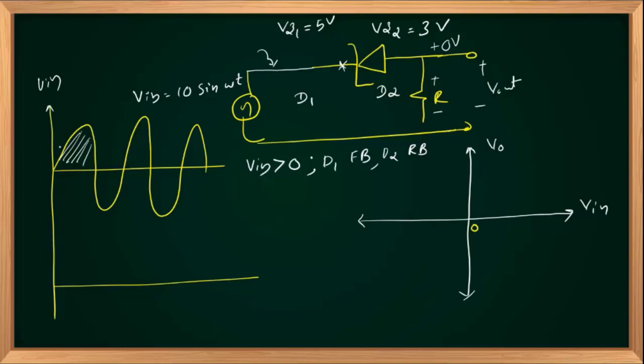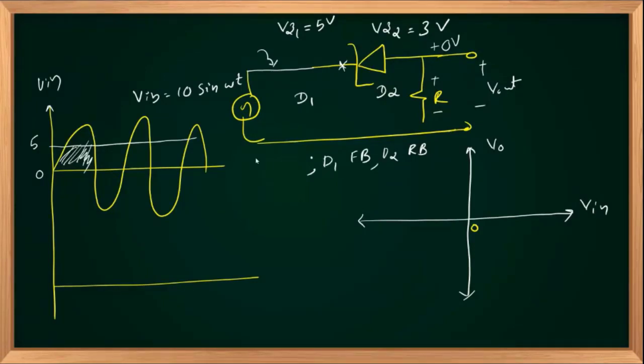If V in is less than 5 volts, of course, D2 will be in reverse biased mode, but before breakdown. When V in is between 0 and 5, V in is greater than 0, less than 5, right?